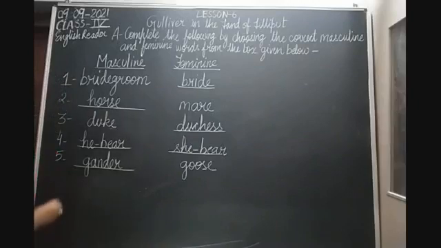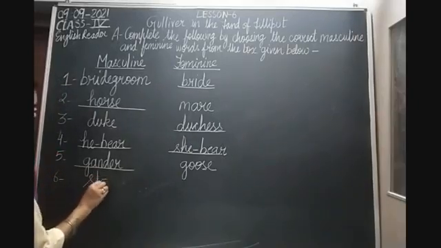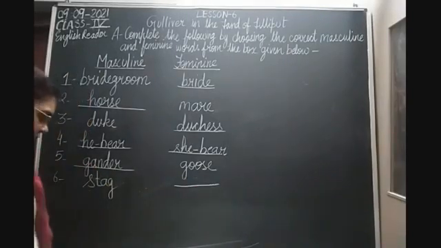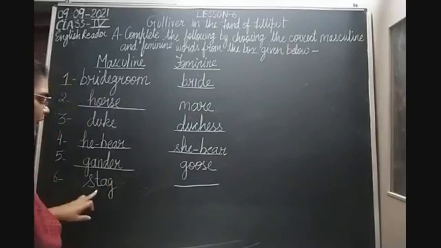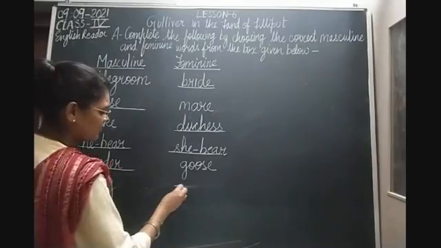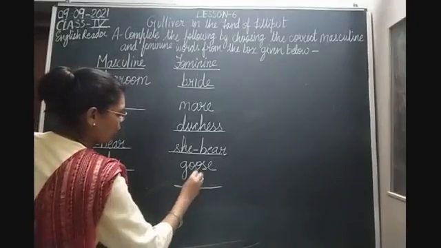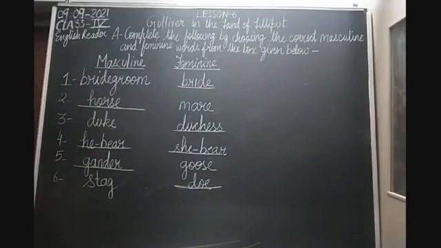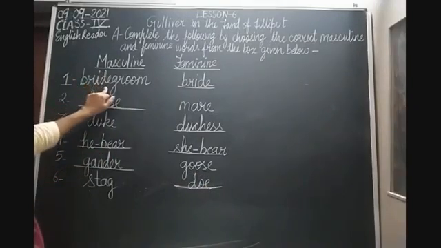Then the sixth, masculine gender is given, stag. And we have to write the feminine gender of stag. Stag, a male deer with antlers, and the female gender is doe. DOE, doe. Clear? I hope all of you have written this in the book. Now let's revise.